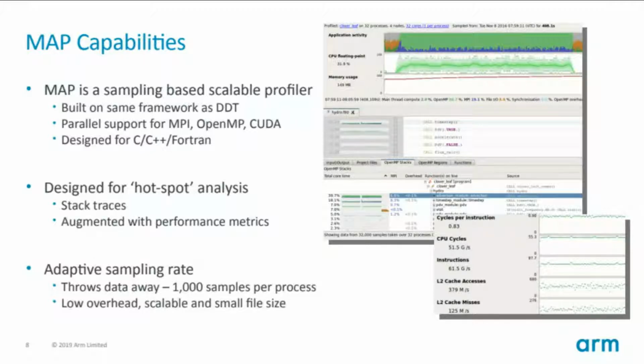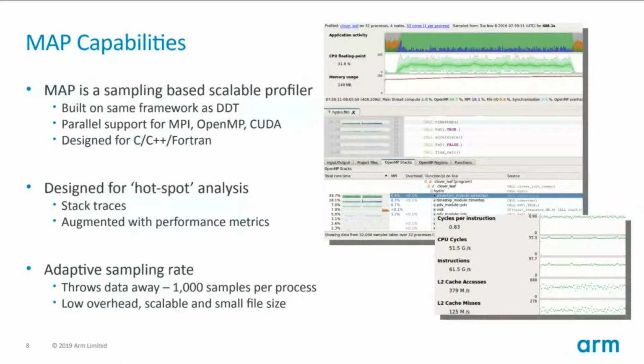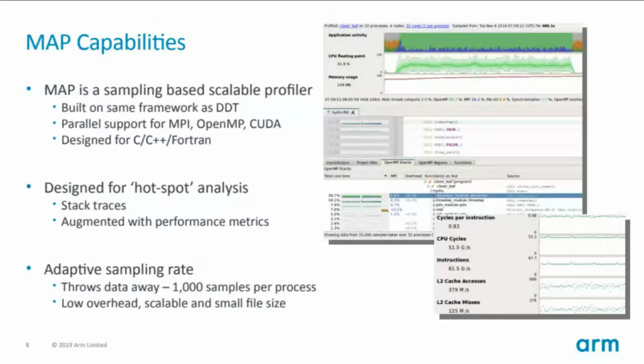A lot of times there's like some I/O setup and some I/O teardown, so to speak. There is the capability of, you can say, don't start sampling until after time X, and then stop sampling after time Y. So for a lot of performance, you're probably going to be focused on the core computation phase of your application. And so there's ways to kind of cut out that startup and tail end of these.